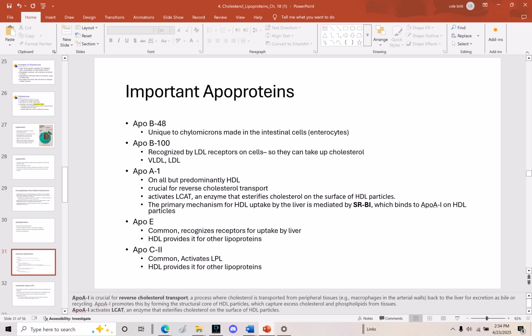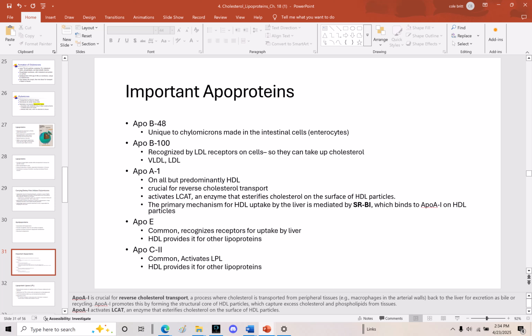So remember when I told you that when you have LDL swimming in the blood, then you have cells that will have this LDL receptor. And it's going to recognize something on VLDL and LDL. So essentially, they're going to recognize this ApoB100.